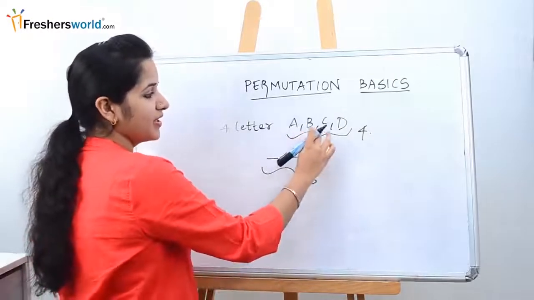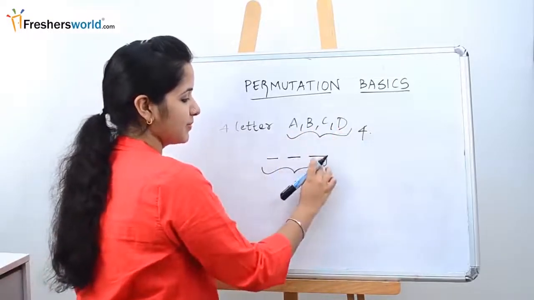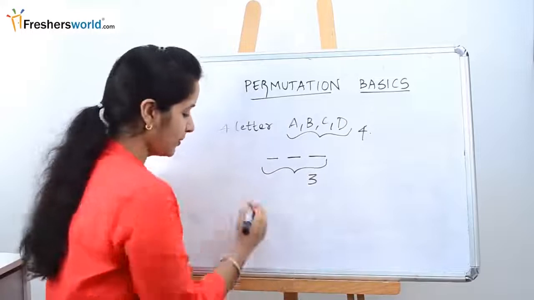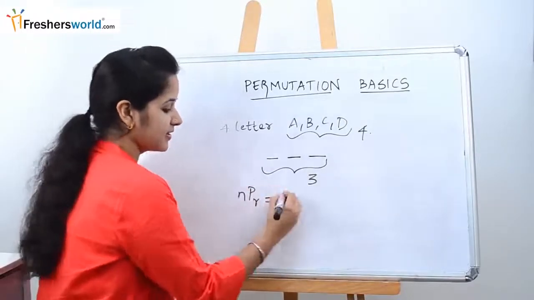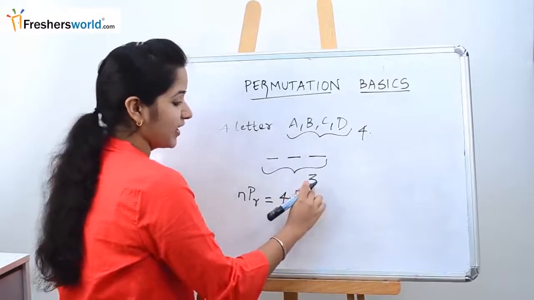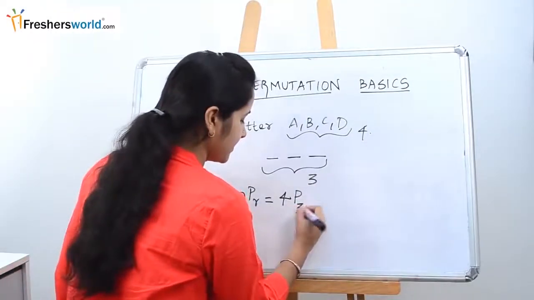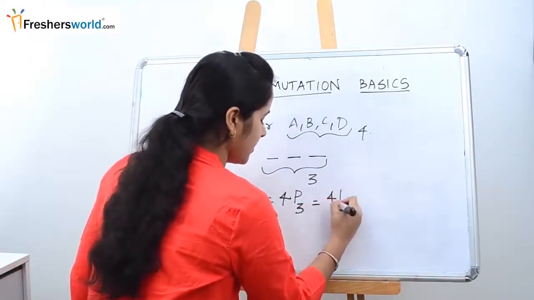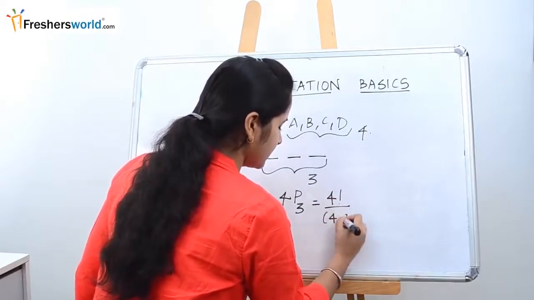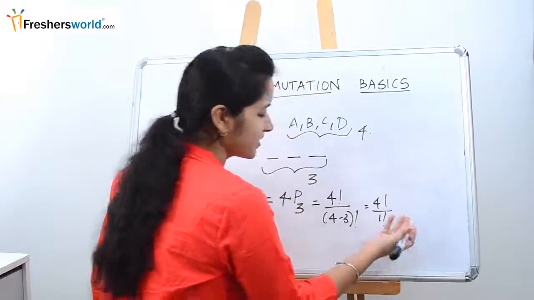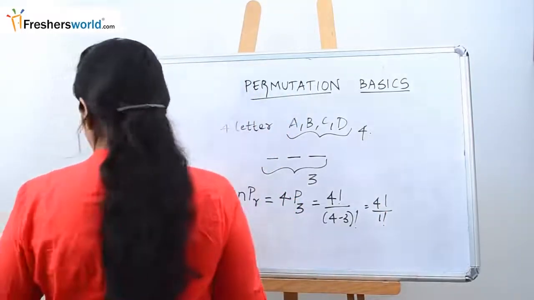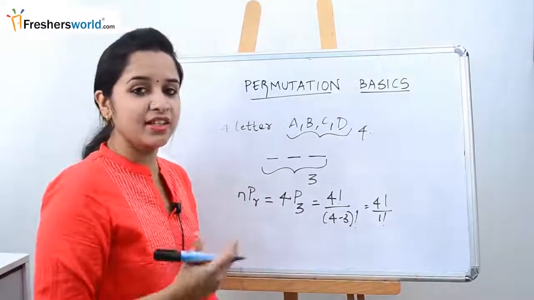So what is the formula of permutation? nPr, where n is 4 and r is 3. So 4 factorial divided by (4 minus 3) factorial, which is 4 factorial divided by 1 factorial, which is nothing but 4 factorial.